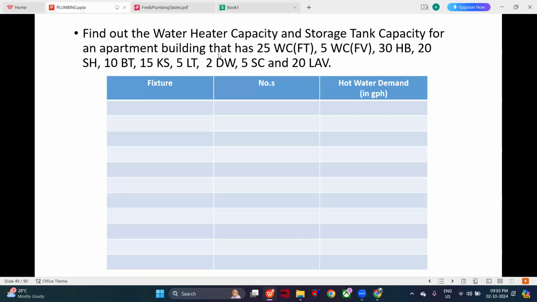For an apartment building, you write down the fixtures and number. Then you have the hot water demand.